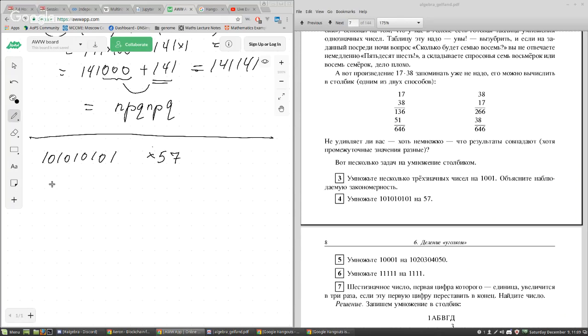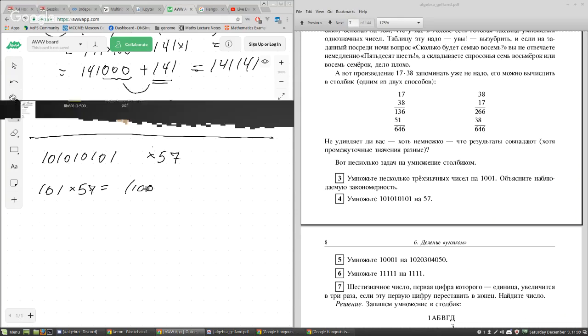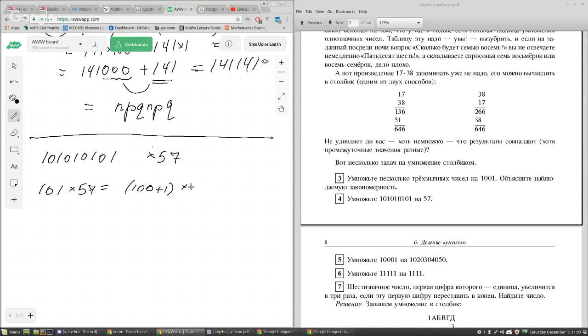Suppose I try to just multiply 101 by 57. Well, this is similar to what we just did, right? Instead of 1001, I have 101. We saw one way of dealing with this is through the distributive property by breaking away that 1. And now we distribute the 57.